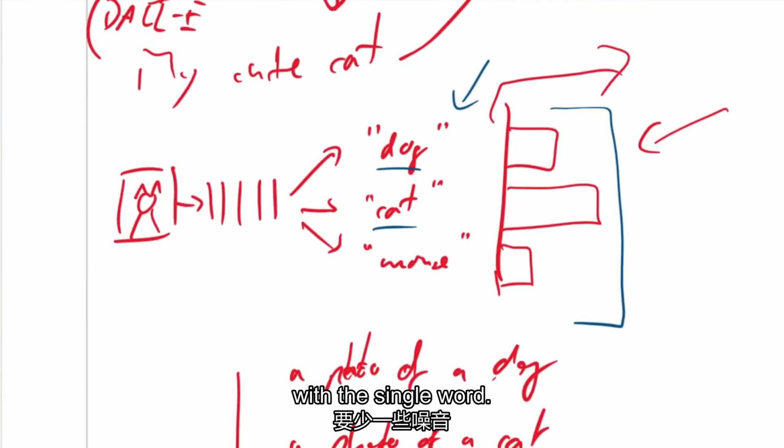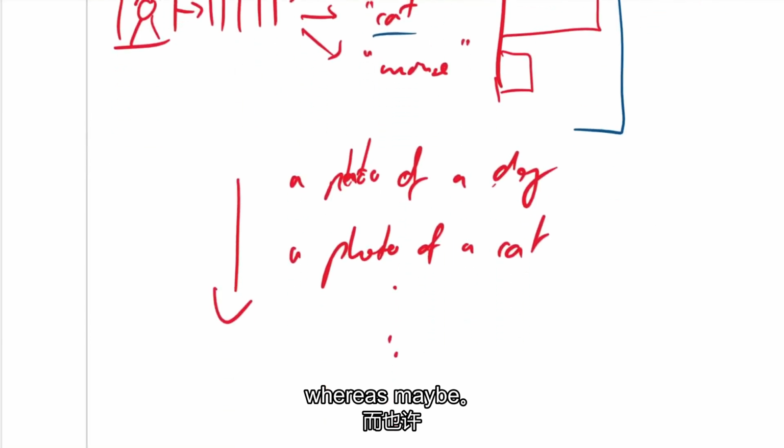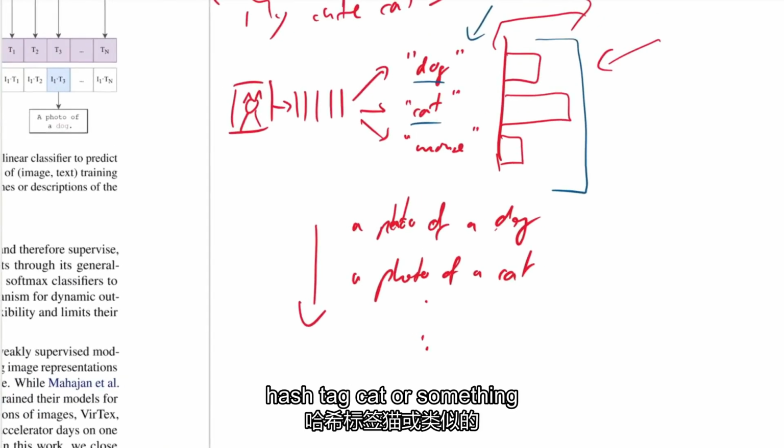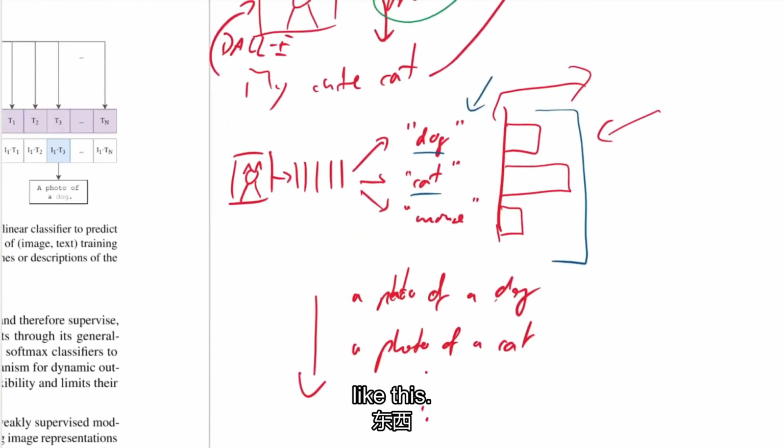Because again, this model is trained to predict this just from a data set scraped from the internet. So how often do people post something on Instagram of their cat and simply write cat with it, whereas maybe they write, here's a photo of my cat, or they do like hashtag photo, hashtag cat, or something like this.